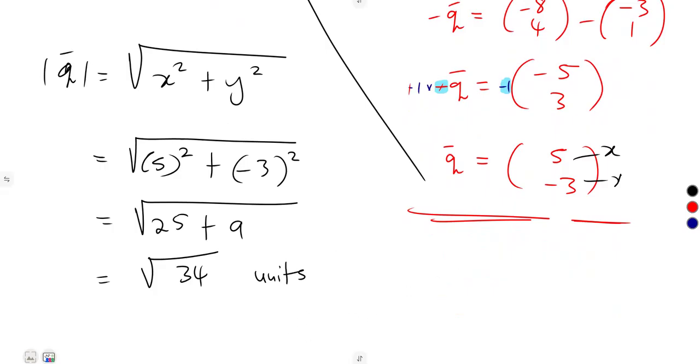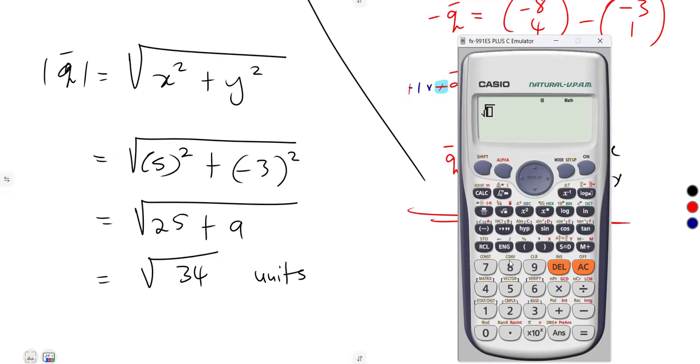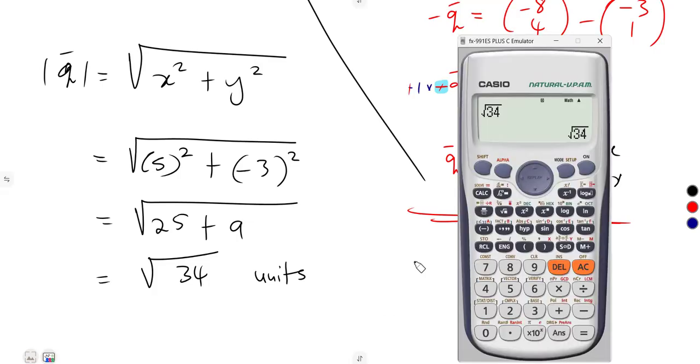Yes, we can have it in simplest form, the square root of 34. Now from your calculator, you can't use, because most of you guys, you're using the basic one. That basic calculator cannot write in surd form, unless it is an advanced one. The basic one gives answers as decimals. So you cannot even test to see if this answer can be written in simplest form.